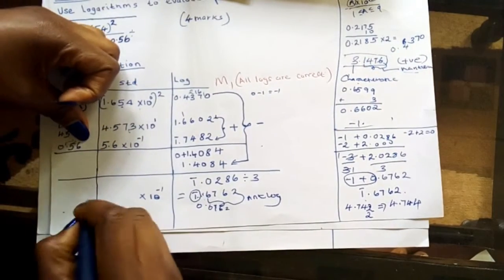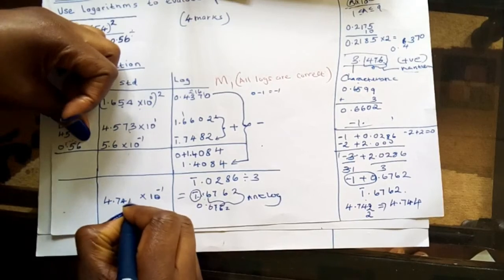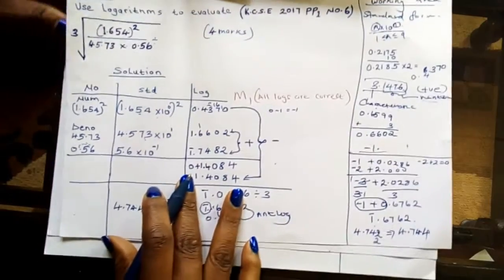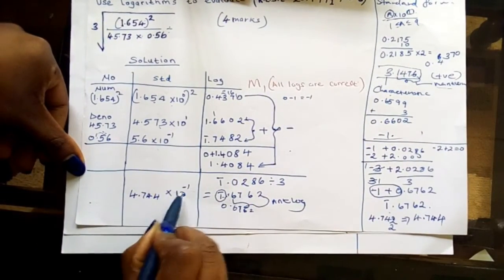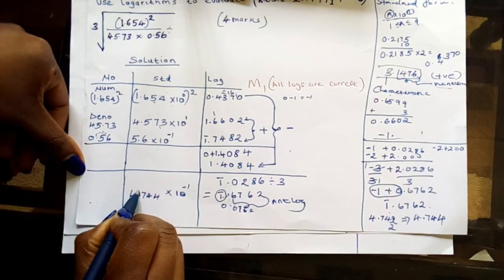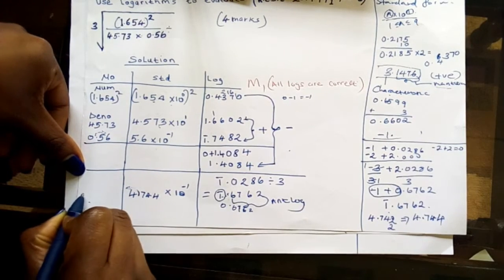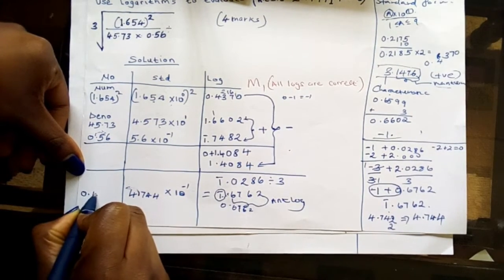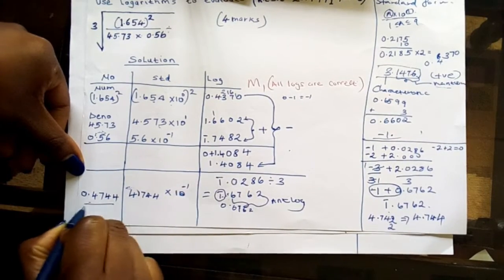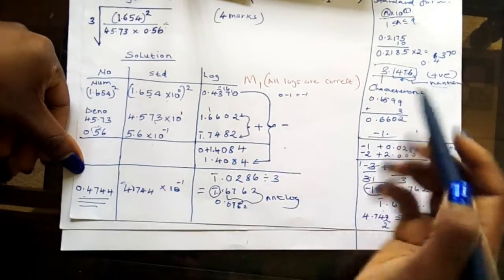So the number shall be 4.744, the number written in standard form. Now we want to write the actual number. This is power -1, so we take the decimal and move the decimal place to the left side. We shall have 0.4744, and this is the required answer.